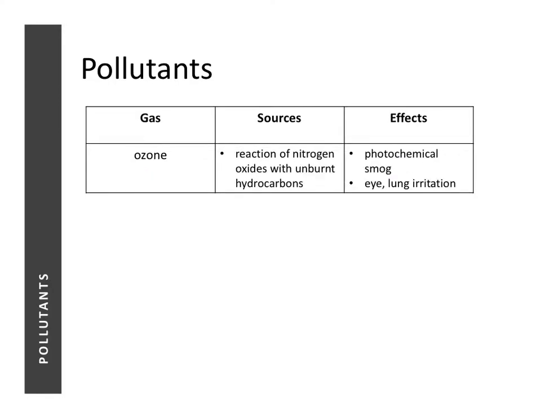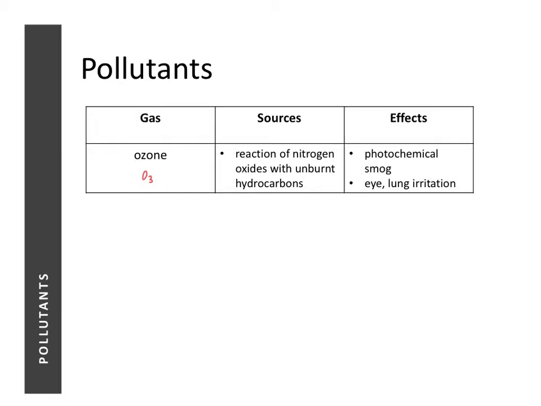And the last pollutant gas would be ozone. How it is formed is when nitrogen oxides react with unburned hydrocarbons, which produces ozone, represented by O3. And the presence of a lot of ozone in the air can lead to photochemical smog. Photochemical means it is triggered by sunlight, and there's going to be a bit of haze.